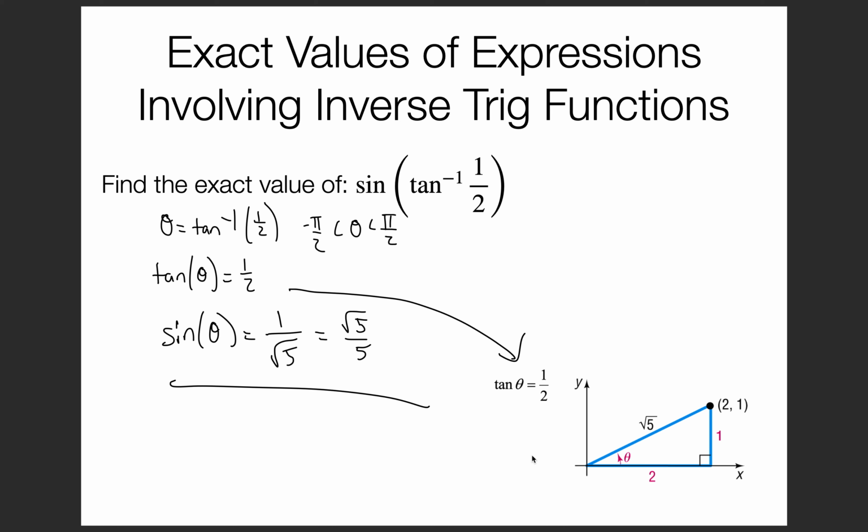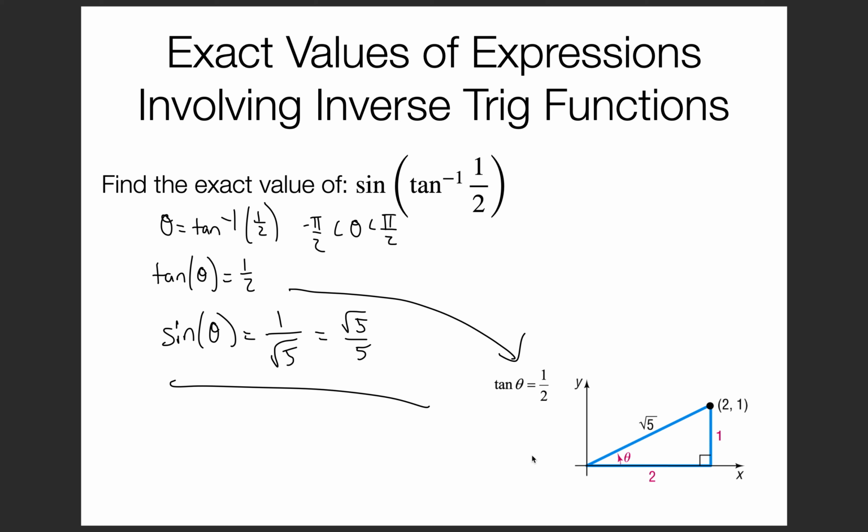And so I drew my triangle in the first quadrant, you'll see in the bottom right. I know that the opposite side of the angle is 1, and the adjacent side is 2. When I use the Pythagorean theorem, I get that the hypotenuse is the square root of 5. So that's great. Now we have some information about the triangle.